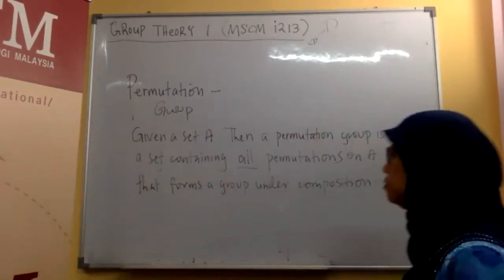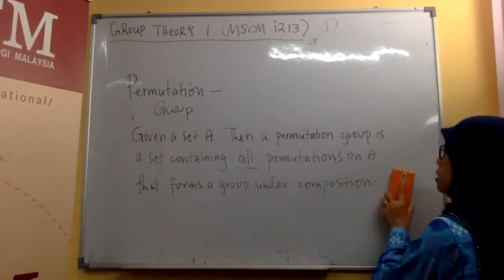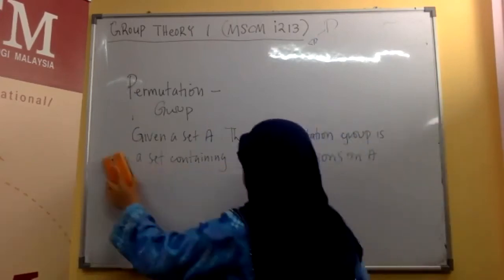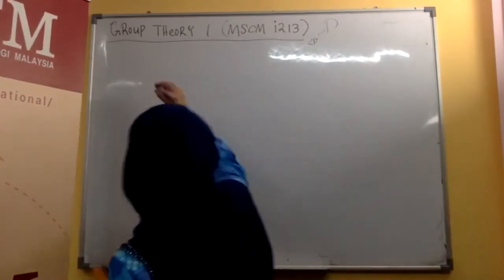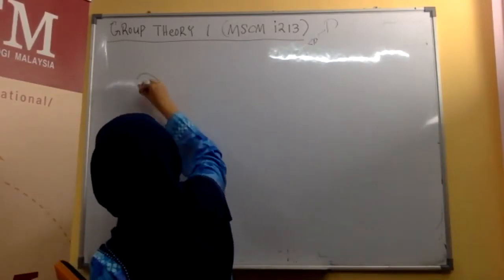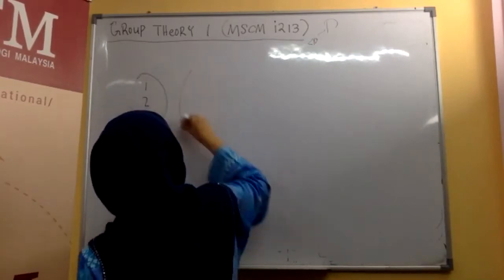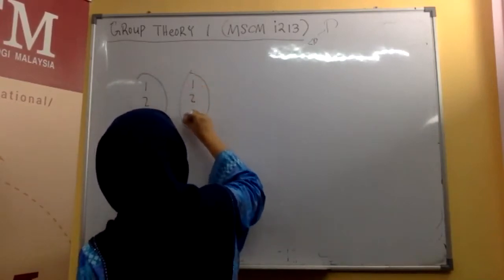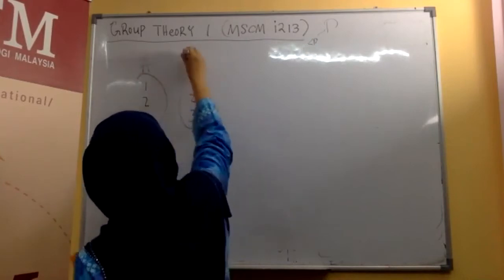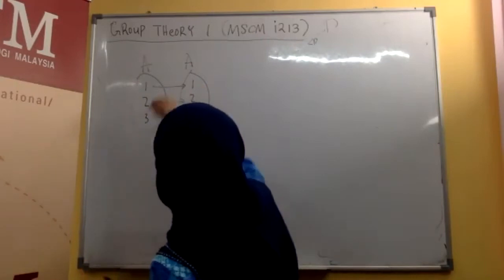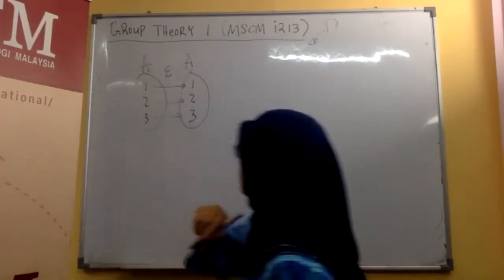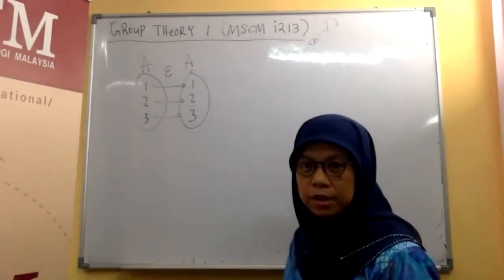As an example, you have seen this before, so I will do this again. Suppose you have a set A, 1, 2, 3. This one we call E, the identity mapping, right?